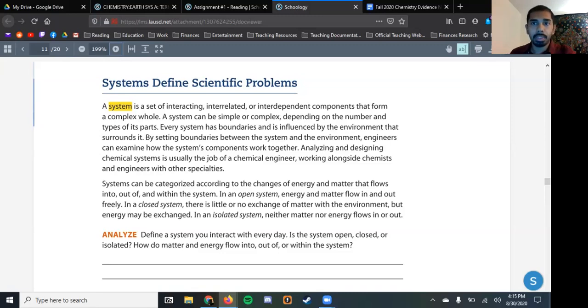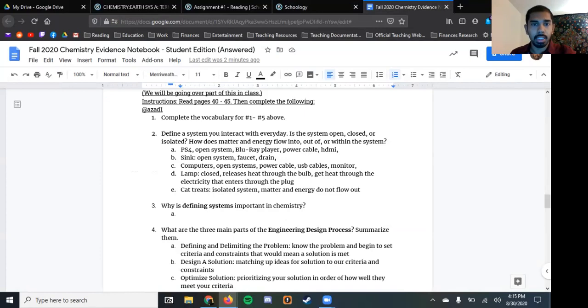Now, for number 2, what you'll be doing is thinking about systems and thinking about whether or not they are open, closed, or isolated. And if they are one of those things, tell me how the matter and energy flows in that system, flows around in that system. For cat treats, they're a fairly isolated system, right? Cat treats are composed of multiple things, right?